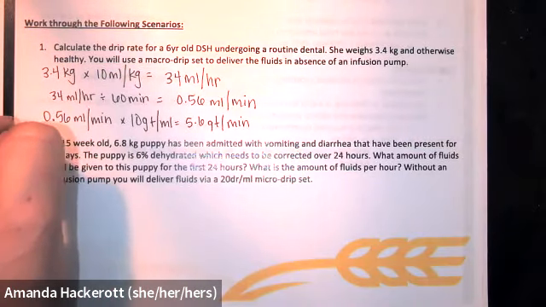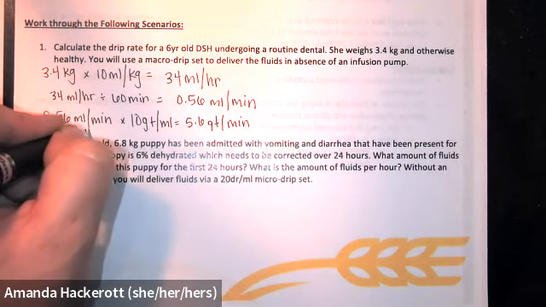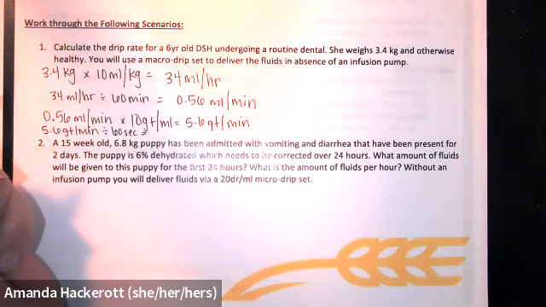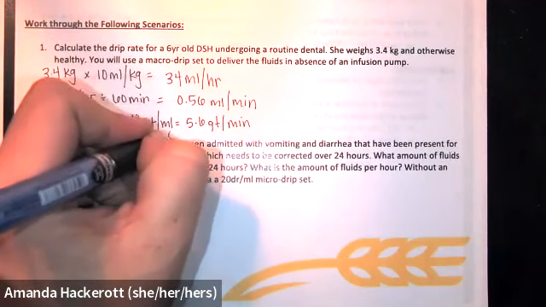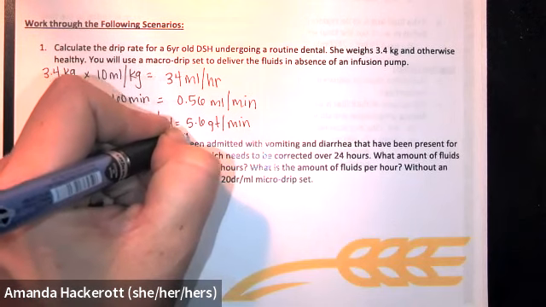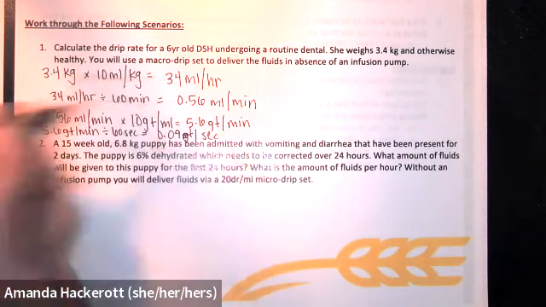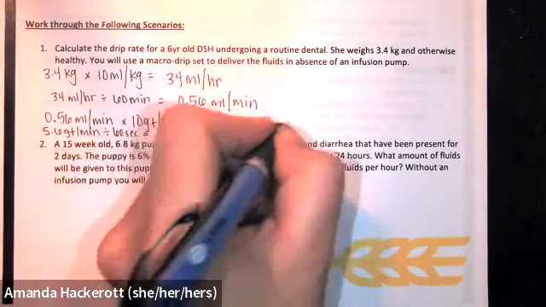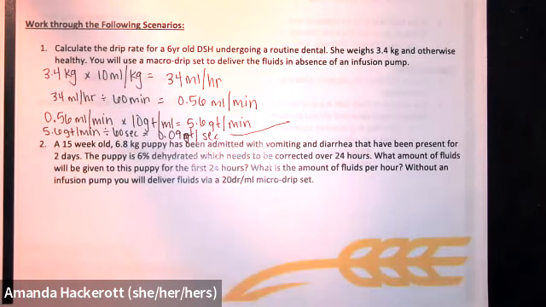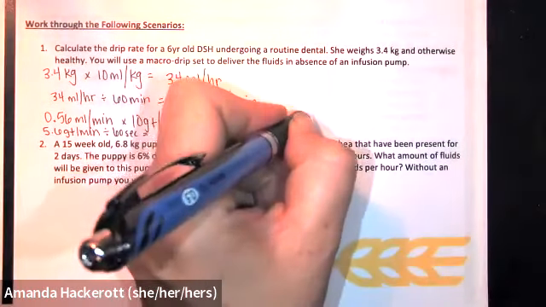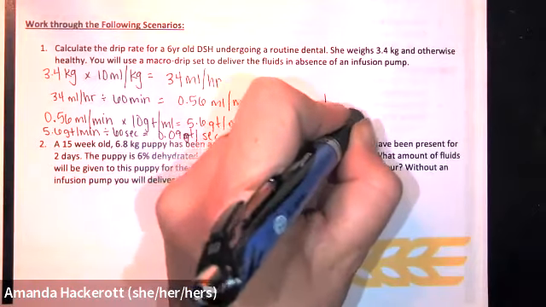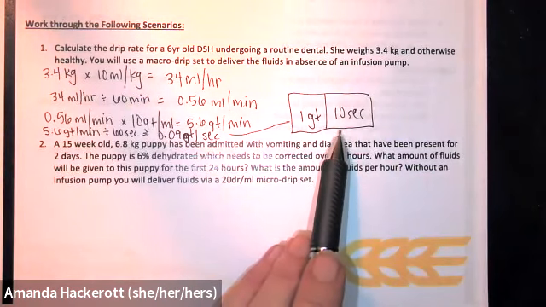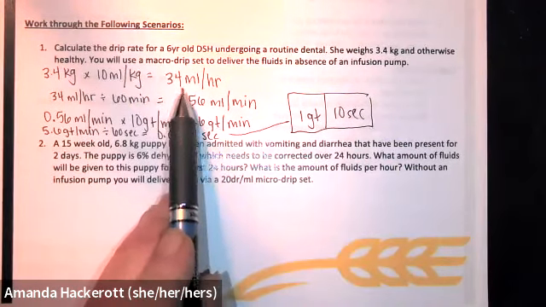Very last step is 5.6 drops in a minute, divide by 60 seconds, and that's going to give us 0.09 drops per second. Again, we can't really watch for a fraction of a drop, so we have to times this. We're going to do by 10 on each side, so we'll have about 1 drop in 10 seconds time. And that's going to give us a rate of fluid delivery that is equal to 34 mils an hour.